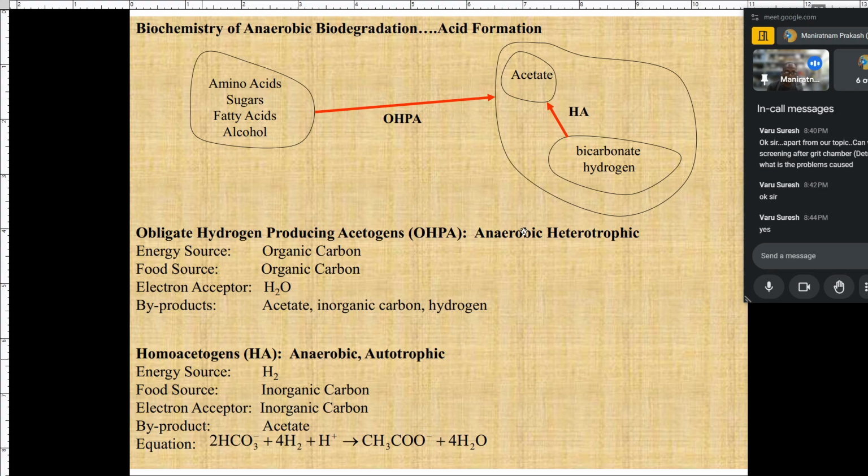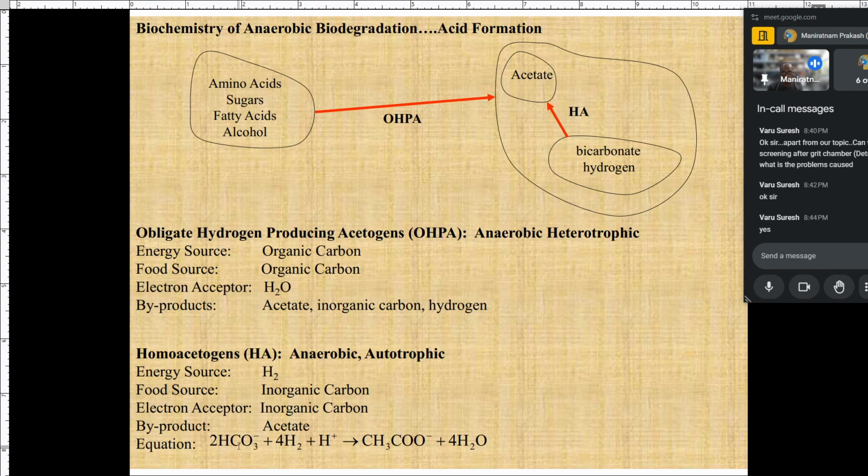So everywhere you can see that heterotrophic and autotrophic is changing, but the nature of the bacteria is always anaerobic, that is, in the absence of oxygen. They are using hydrogen as an energy source. Here we are using organic carbon, okay?